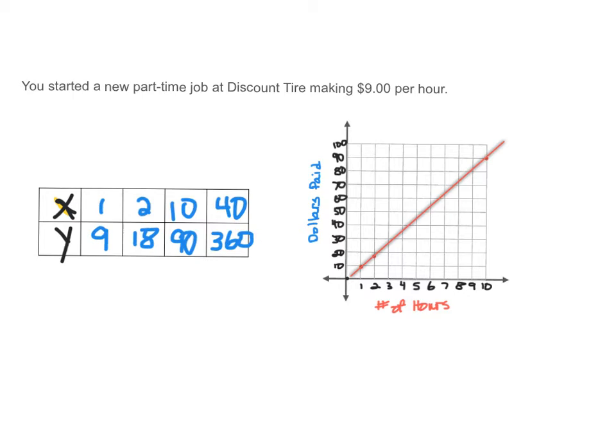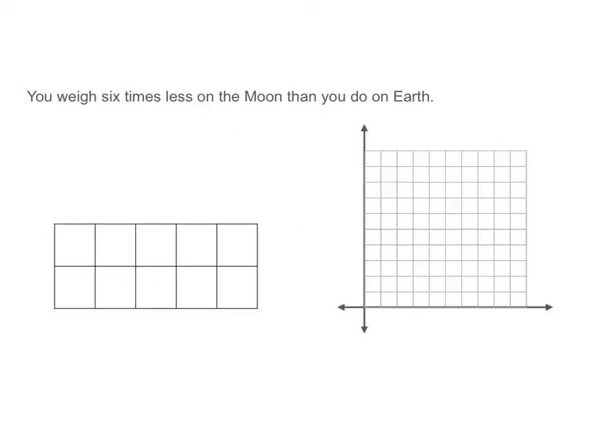That simply means if you had worked 0 hours, then you would have earned 0 money. So anytime you have a relation or a function or real world situation that is direct variation, where y equals kx, then your graph is always going to go through the origin right here at 0, 0.